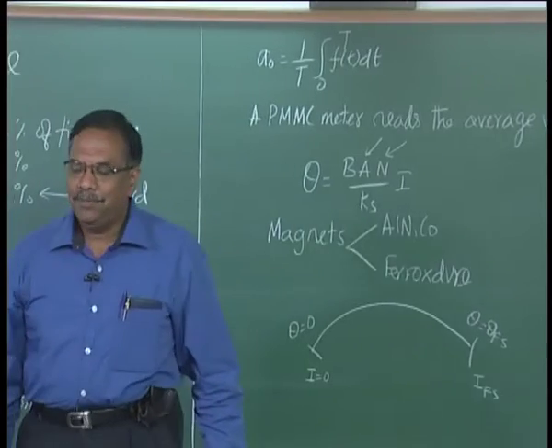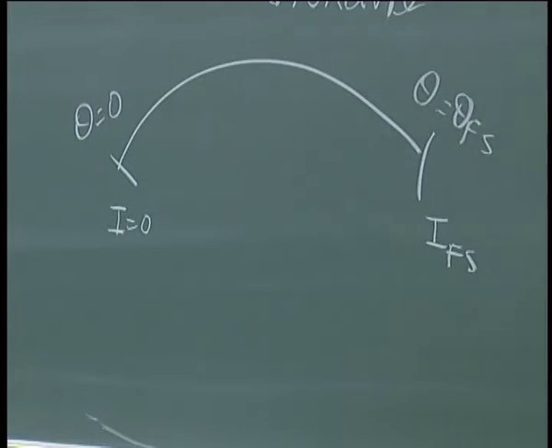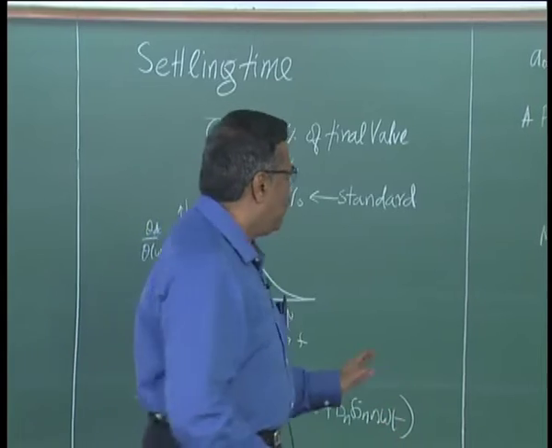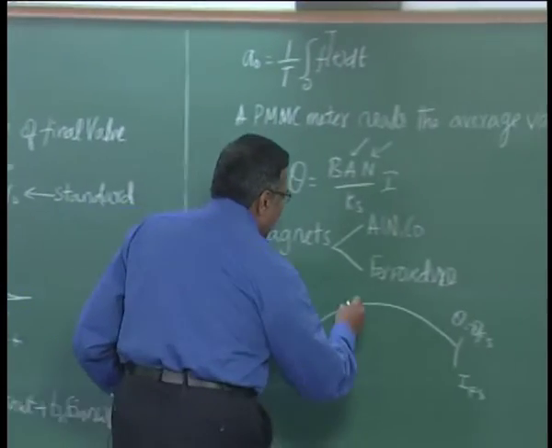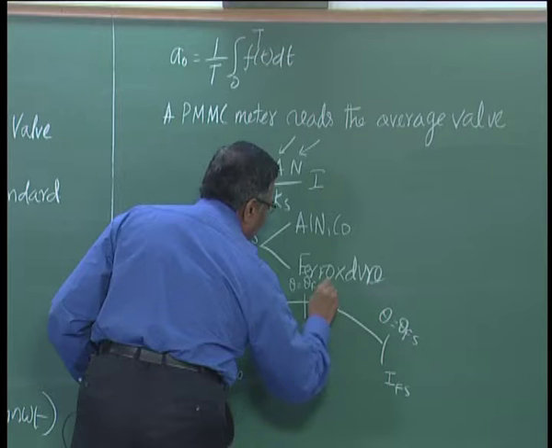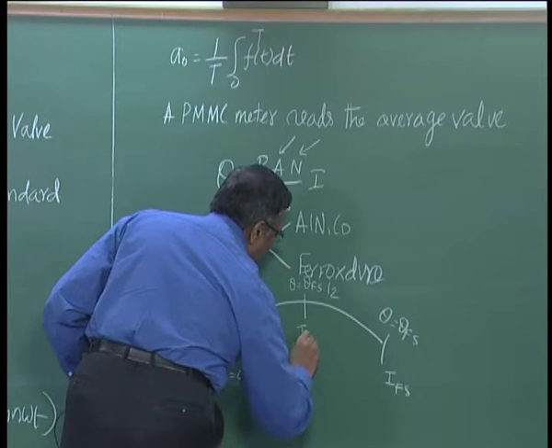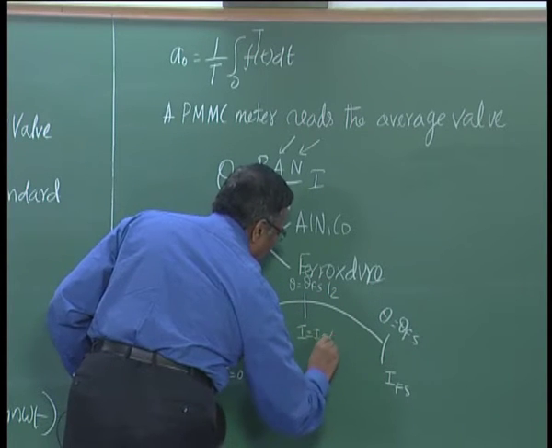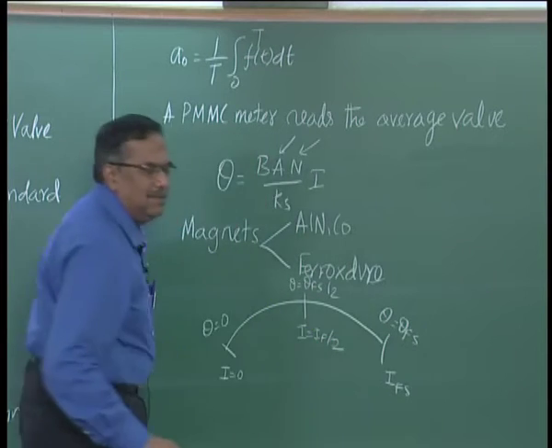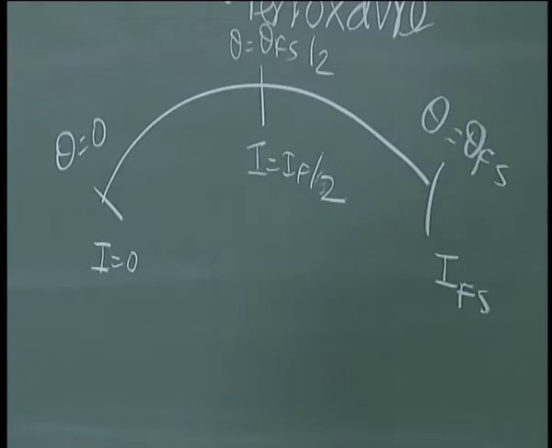Because the relationship between theta and the current is linear, I can now put the graduation. I can say exactly when theta is equal to theta full scale by 2, I will have I equal to I full scale by 2.